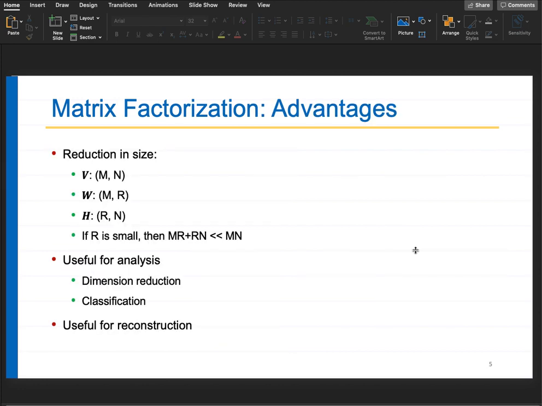Okay, so what is the advantage? First is reduction in size. V was m cross n, let us say. So the data size is m into n, right? And if you break it down into two matrices W and H, W is of size m cross R, where R is taken such that it is small. Then similarly, H is R cross n.